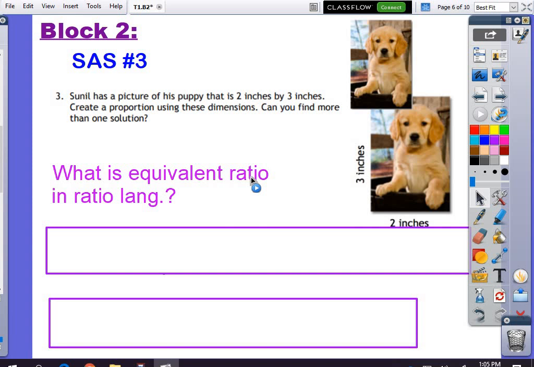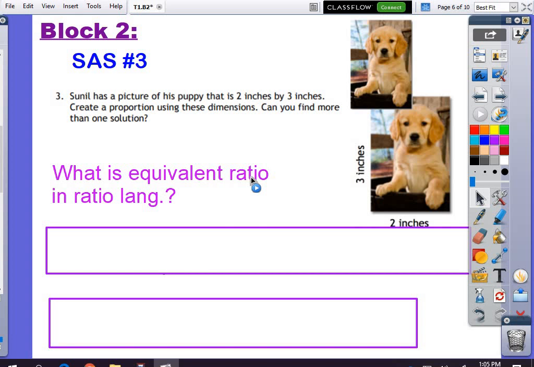Ratio language is where you're actually writing it out with the word. So, 12 inches to 18 inches. That's ratio language. So if a problem asks for ratio language, you have to write the word.